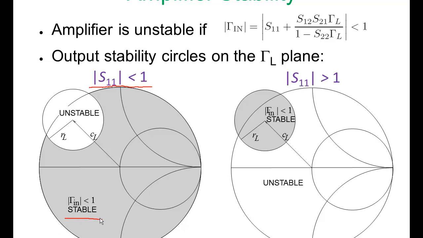Gamma in has a magnitude that's less than 1 in this stable region, and the circle itself is called the stability circle, inside the circle our amplifier will become unstable.